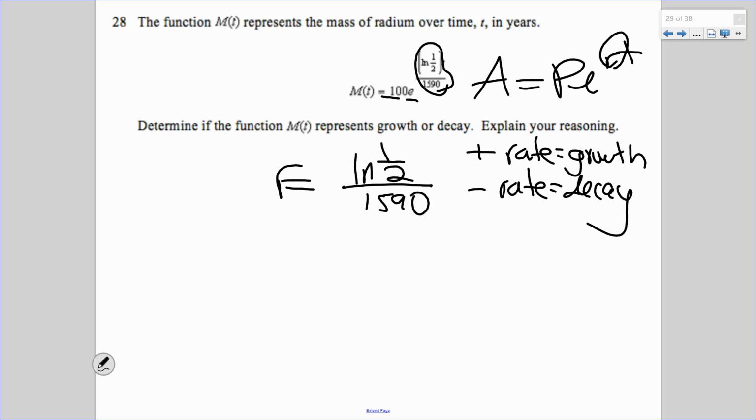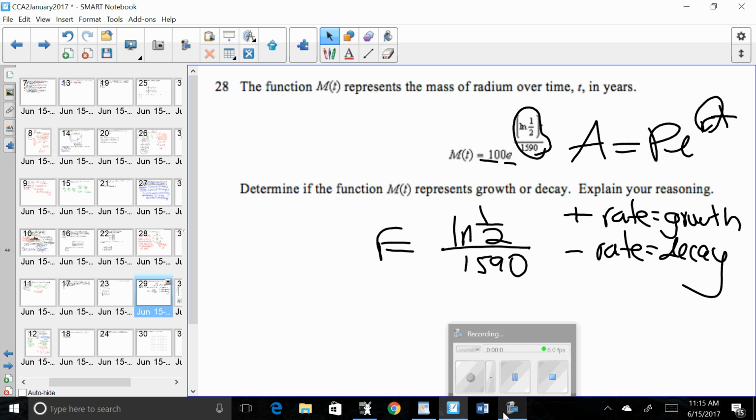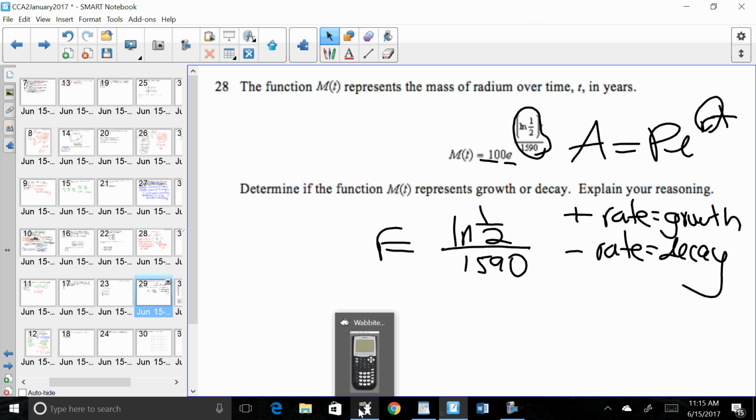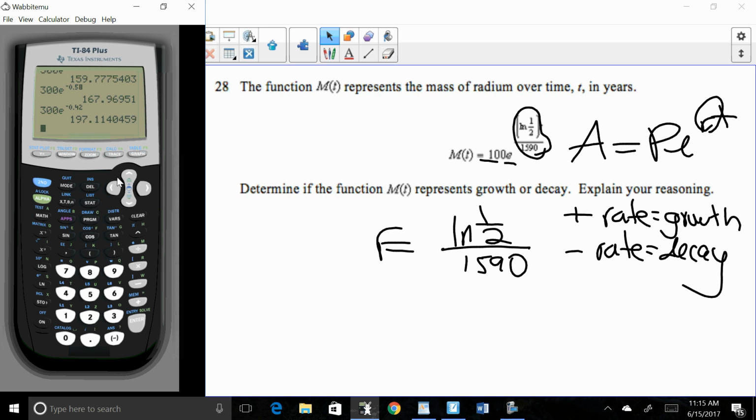then it's decay. So I'm going to put this crazy thing into the calculator and see if it's positive or negative. ln of 1/2 over 1590. Where's my calculator? Alpha, y equals, enter. ln of 1/2 over 1590 is negative.